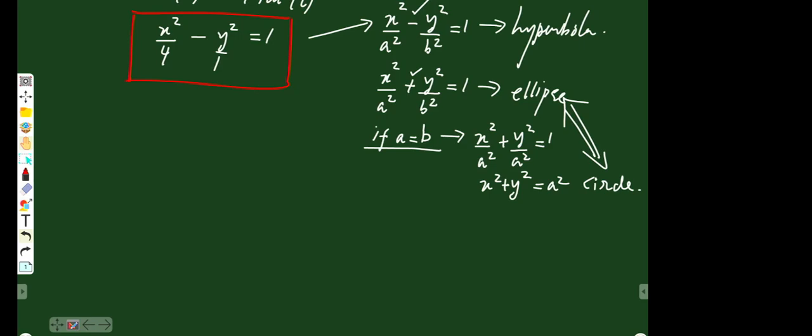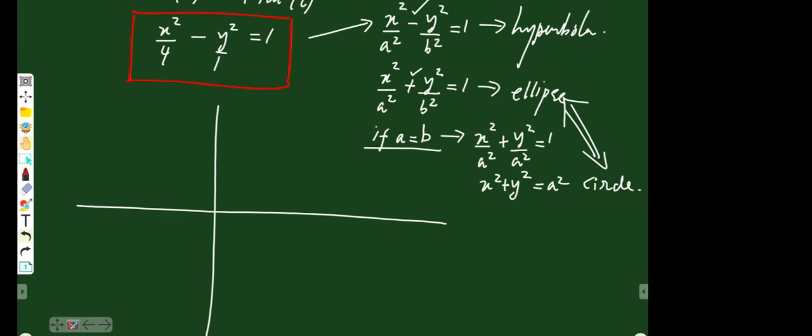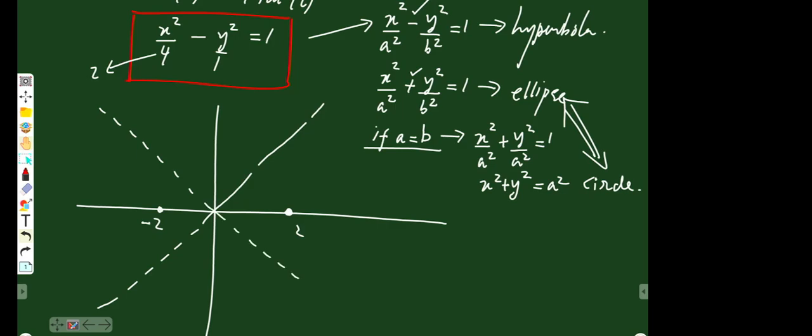Now how to plot this? So x is starting from 2, because you have here x starting from 2, 2 here, minus 2 here. Then it should be something like this.